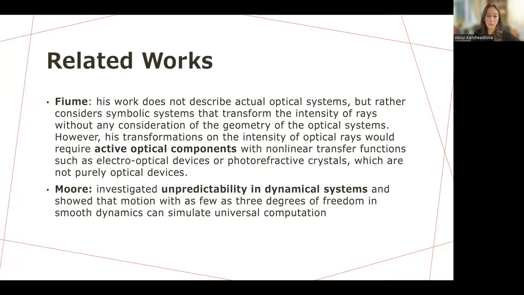And similarly, an undecidability proof has been independently obtained by Moore, who investigated undecidability in dynamical systems. In his work, he showed that motion with as few as 3 degrees of freedom and smooth dynamics can simulate universal computation.